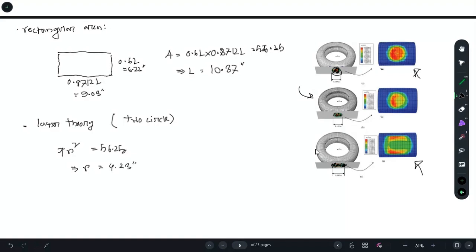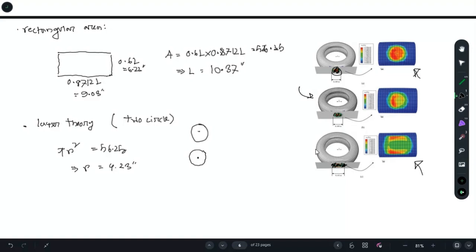So these are two circles. What do we mean by two circles? The contact area will form the overlapping of two circles, and it will have an area of 56.25.